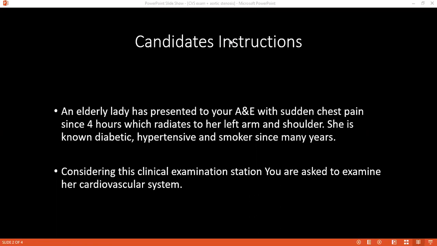I will also look at the charts of the patient, request the appropriate bloods, and arrange for echocardiography.